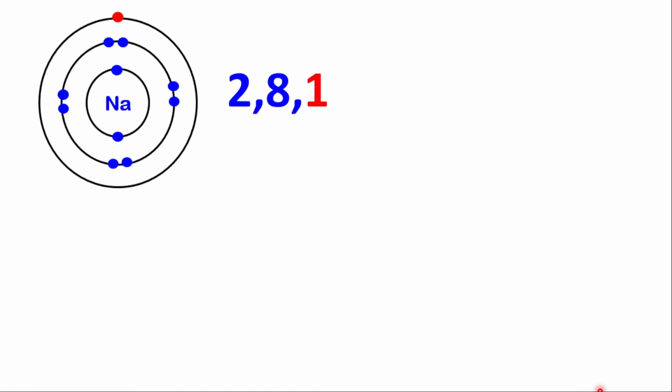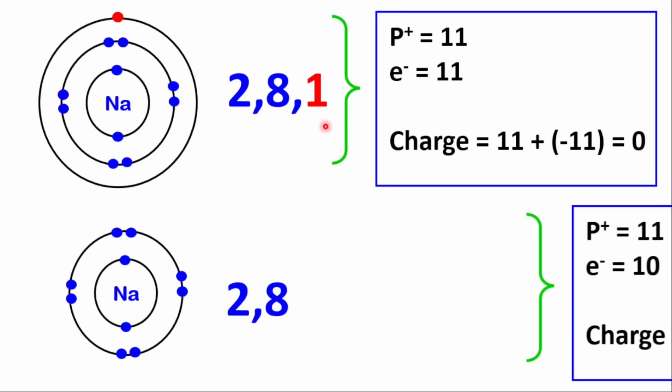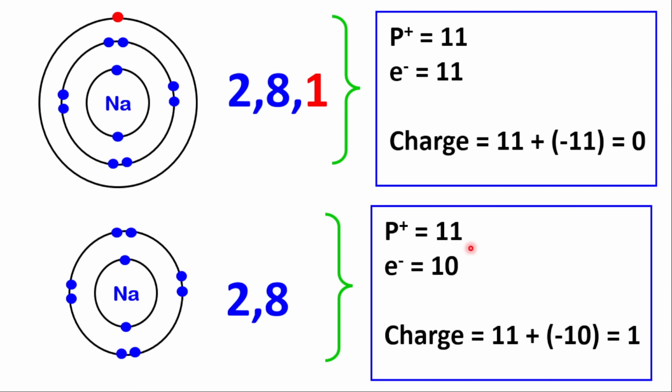Now, this is an example here of sodium. Sodium originally is 2, 8, 1, with one valence electron. If it loses that one electron, what happens? It becomes 2 and 8. Before it loses that one electron, we have 11 protons, 11 electrons, so 11 positive plus 11 negative gives 0. However, when it lost that one electron, there are still 11 protons because the protons remain unchanged.